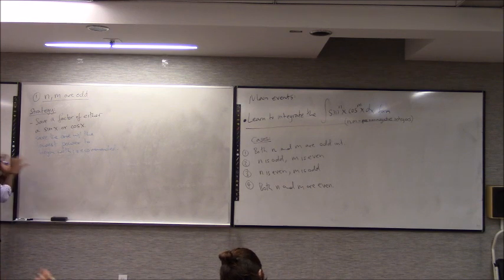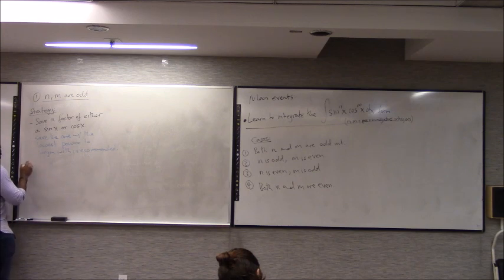So you're going to isolate one of the factors of either sine or cosine. Then you're going to use an identity to help you if necessary.